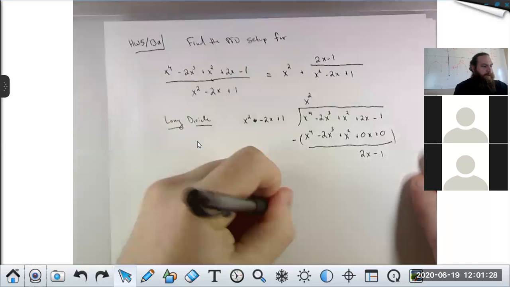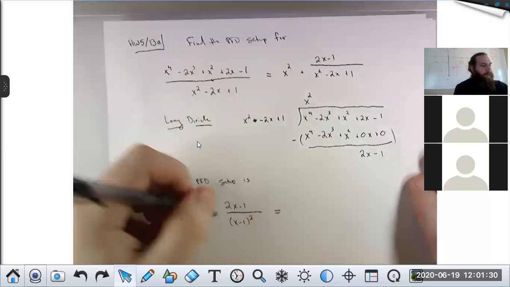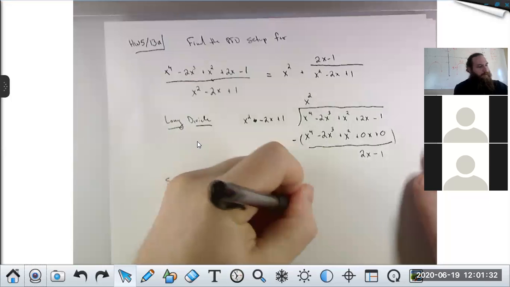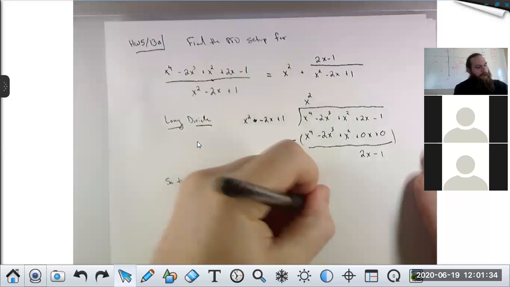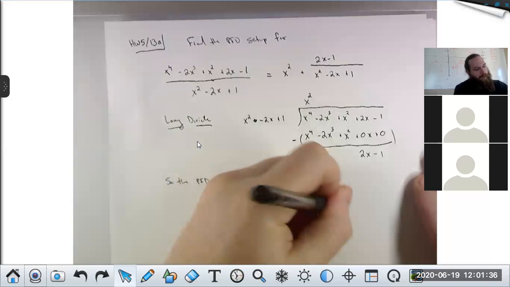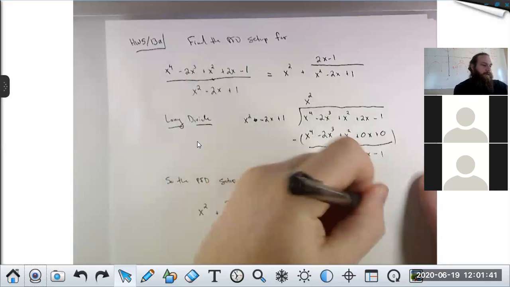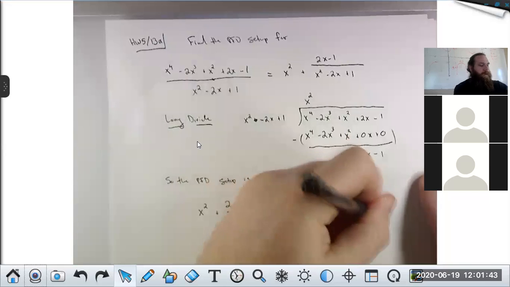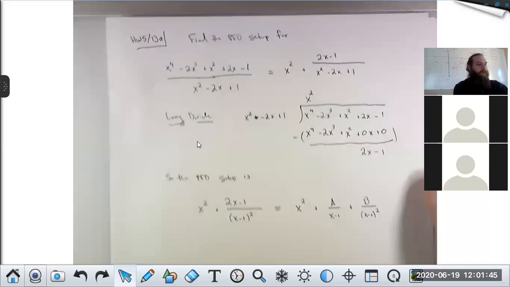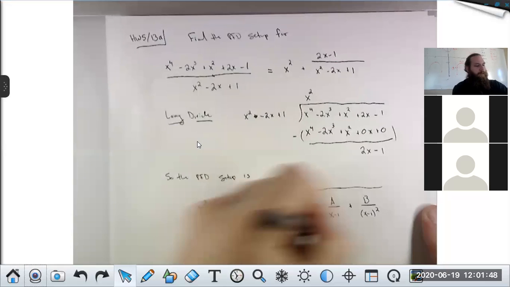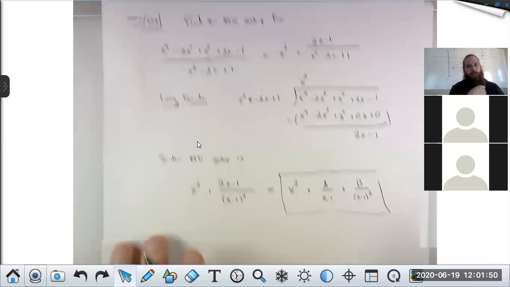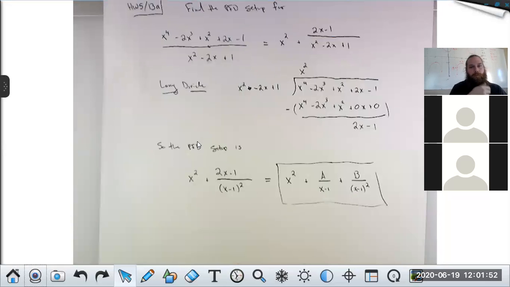And so if I had to set this up as a partial fractions problem, this guy is just coming along for the ride. It would be a over x minus 1 plus b over x minus 1 squared. And this is what WebAssign is looking for, I believe. Any questions on this fella?